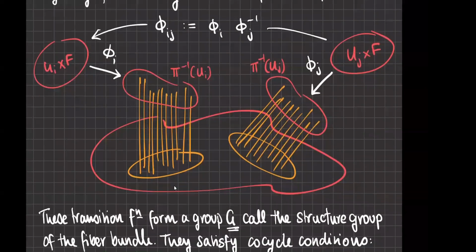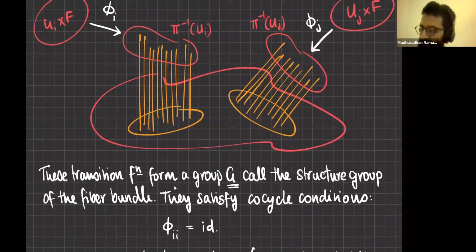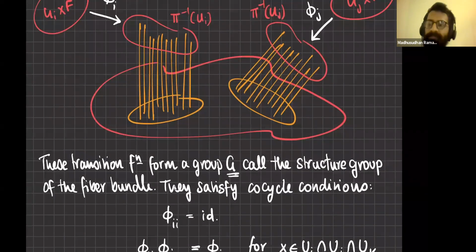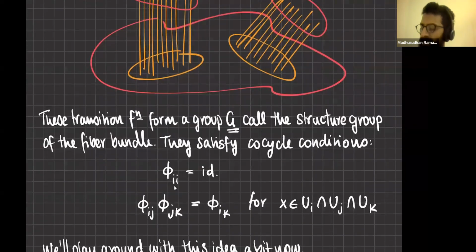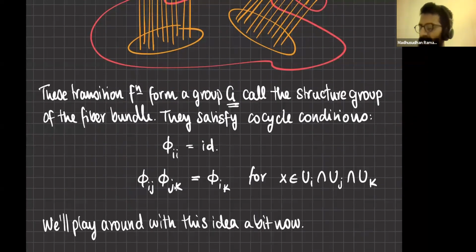So the set of transition functions typically forms a group G, which is called the structure group of the fiber bundle. Okay, and it satisfies the following what are called co-cycle conditions. The subscripts here refer to the indices labeling the charts on the base manifold.